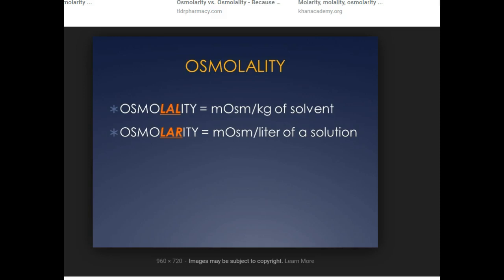Let's think it through for just a second. Think about L's versus R's. Go for it. So for osmolarity, you know those people that go to the gym and work out and they carry a jug of water with them. Literally a gallon.